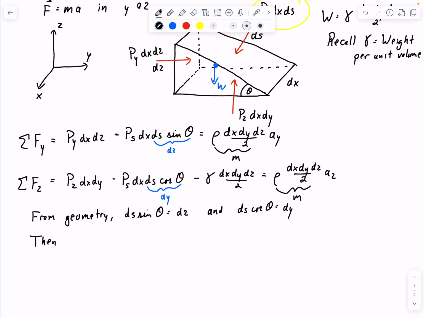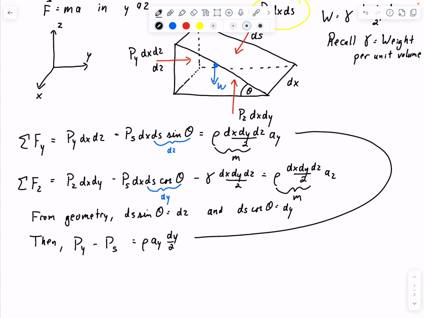And so I'll write this again as, so we have py minus ps is equal to rho ay times dy over 2. So that comes from right here. And we're just canceling out the dx and dz terms from all sides.